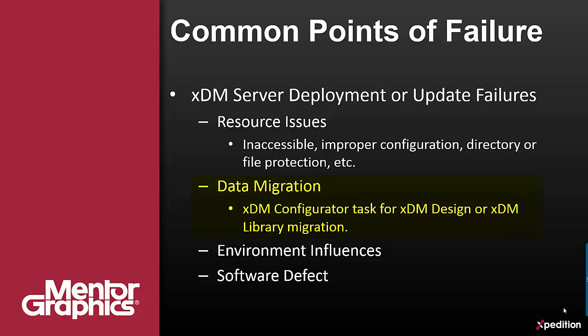Another failure could be with the XDM server configurator while migrating data of XDM design or XDM library, for example. There are also unexpected environment influences, perhaps within the XDM server host machine, that may not have been accounted for within our pretest or server monitoring. And of course, there is always an option for a software defect.